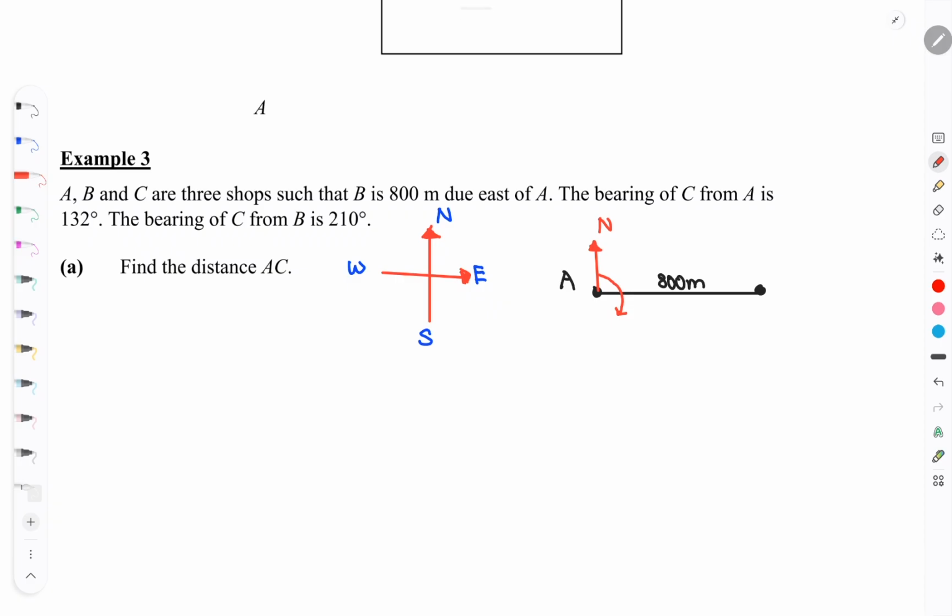The bearing of C from B, let me go to B. I'll draw my north line. It is 210. So 210 is more than 180 degrees. So I know it is more than a straight line. So I'll draw roughly, maybe over here. Yeah, I know this is 180.